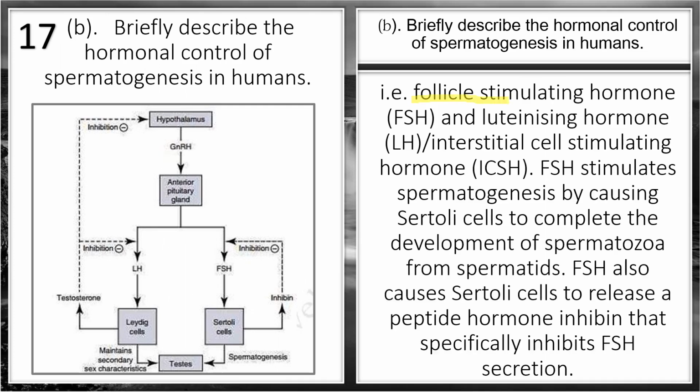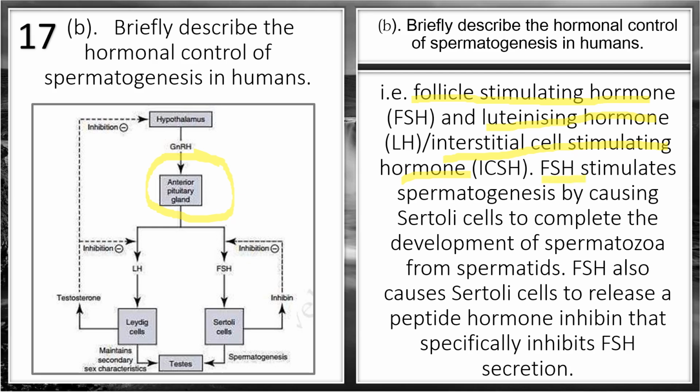The follicle stimulating hormone and the luteinizing hormone, or the interstitial cell stimulating hormone, are the ones that are produced by the anterior pituitary gland.